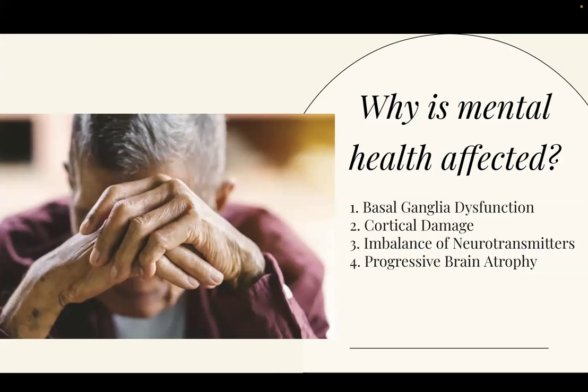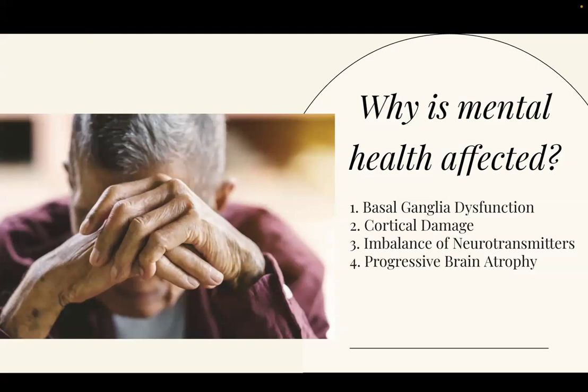Then number three, the imbalance of neurotransmitters. HD disrupts dopamine, glutamine, and GABA, chemicals that regulate mood, thought processing, and movement. Excess dopamine early in the disease may contribute to irritability and impulsivity.